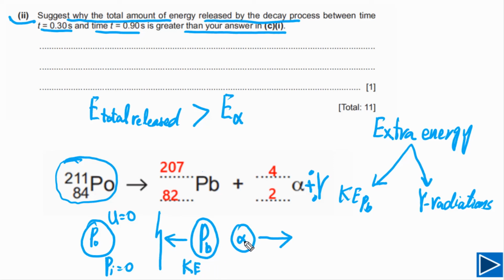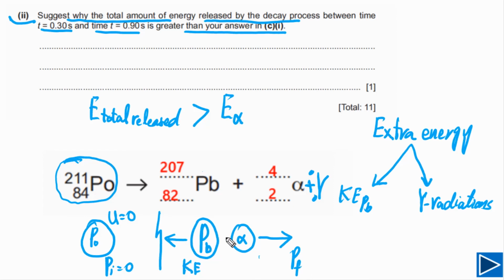So all the energy is not the kinetic energy of the alpha particle. The energy released in this decay becomes the kinetic energy of the alpha particle, it also becomes the kinetic energy of Pb, and it is also the energy of gamma radiations. Final momentum has to be conserved, so P final has to be equal to P initial.